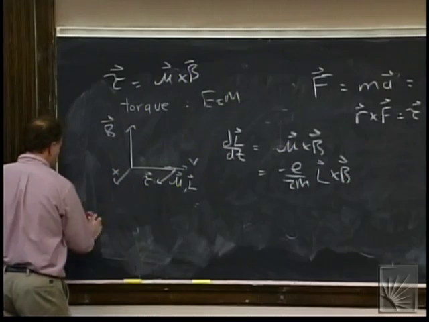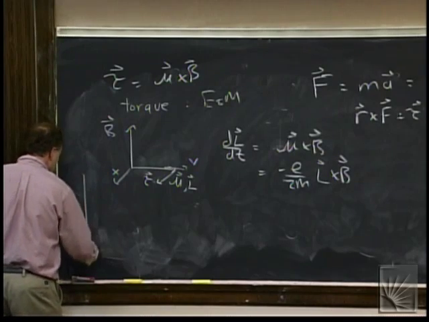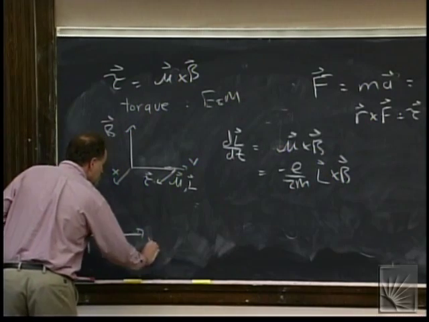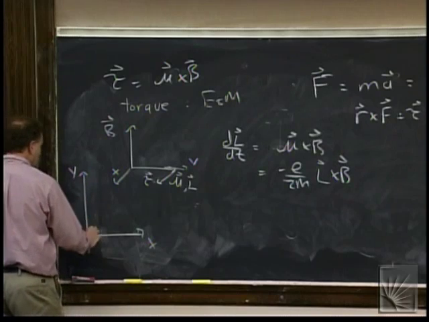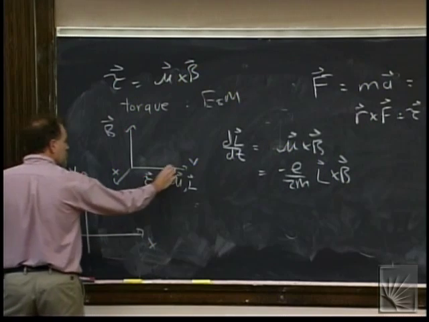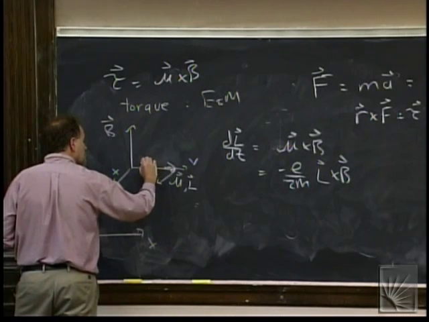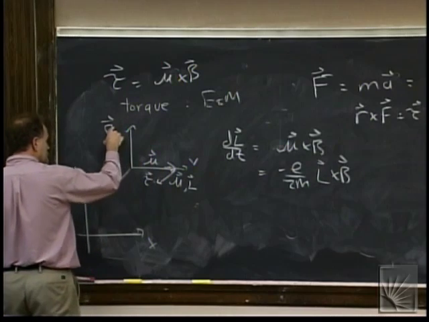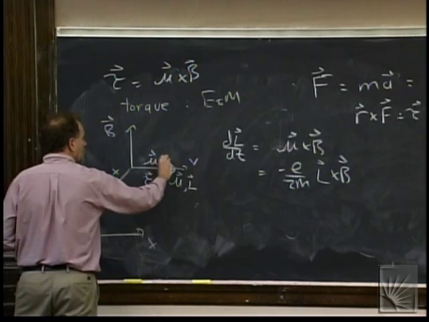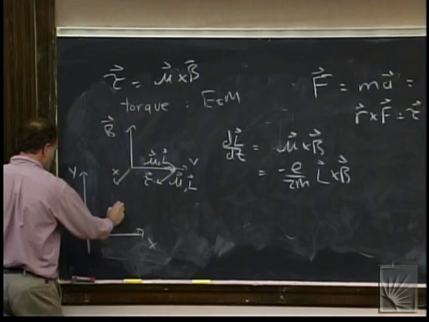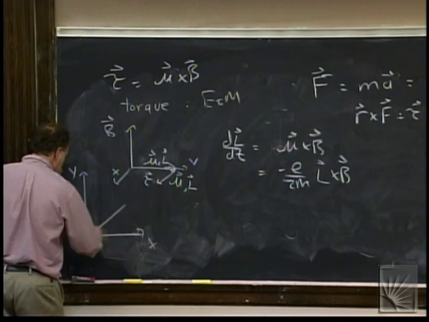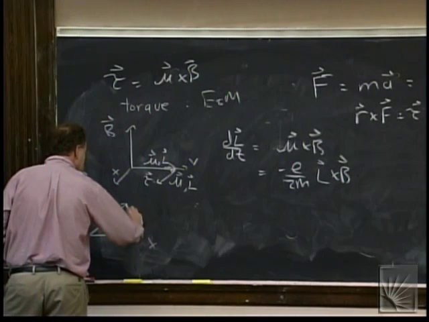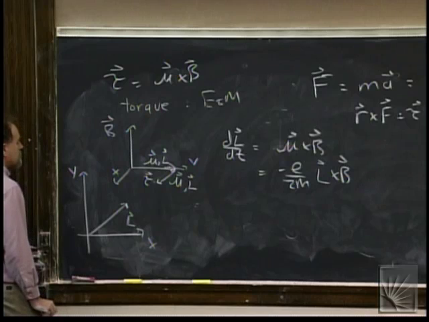If I look at it from above, if this is x, y, this was mu, and that's B. This is mu, and L is in the same direction. So let me just draw L. I have L like this, okay?